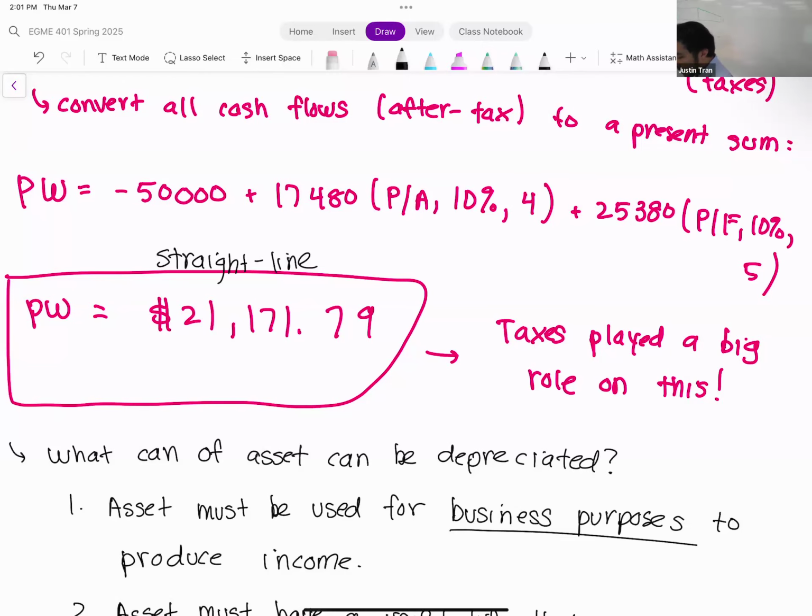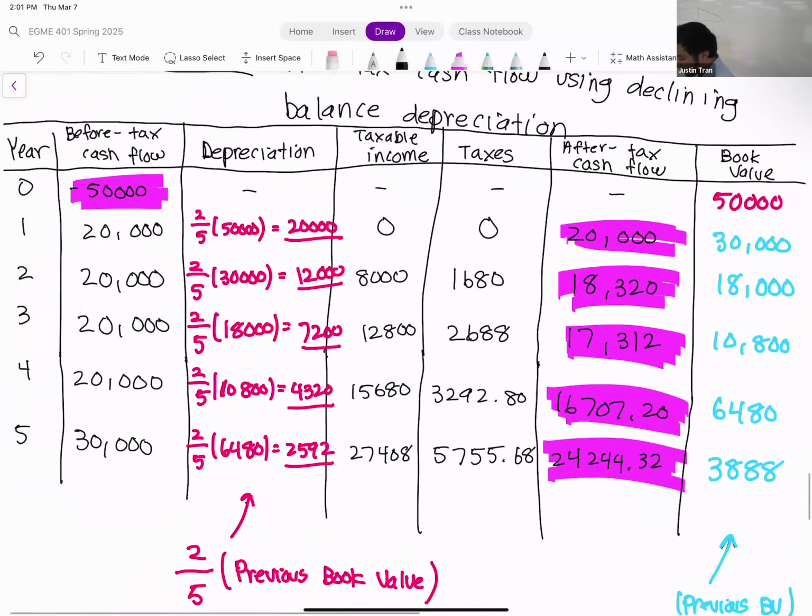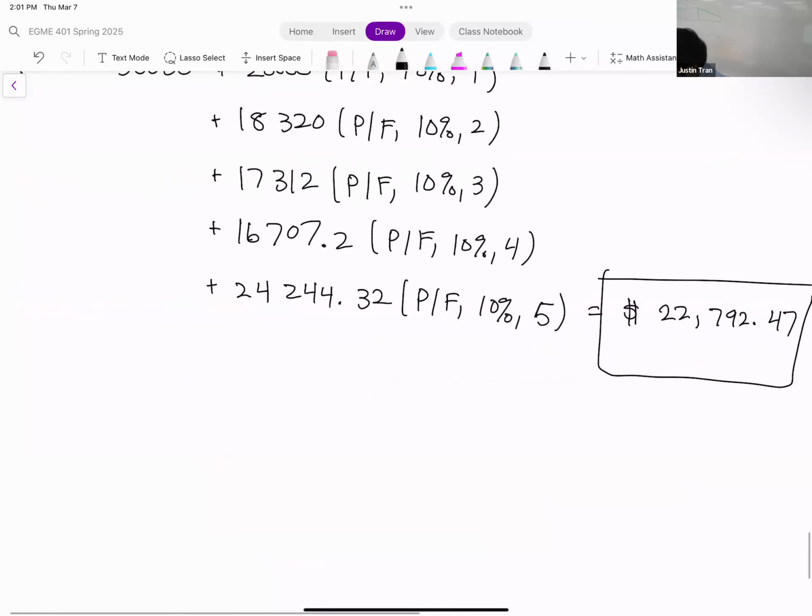If you compare these two, with the declining balance method we have slightly more present worth.